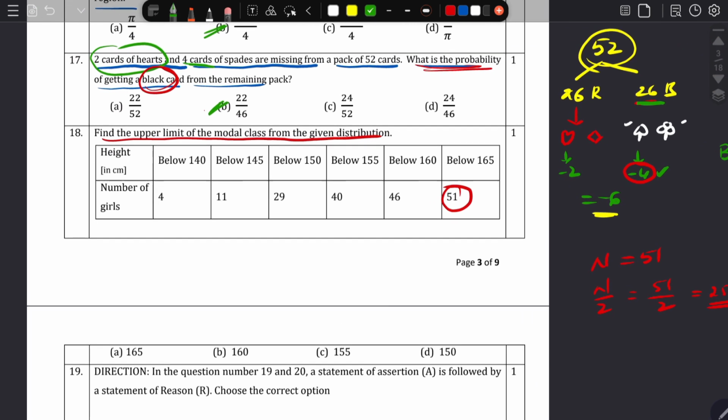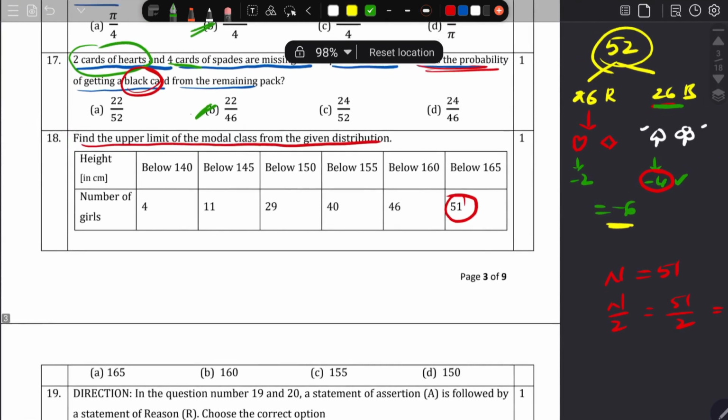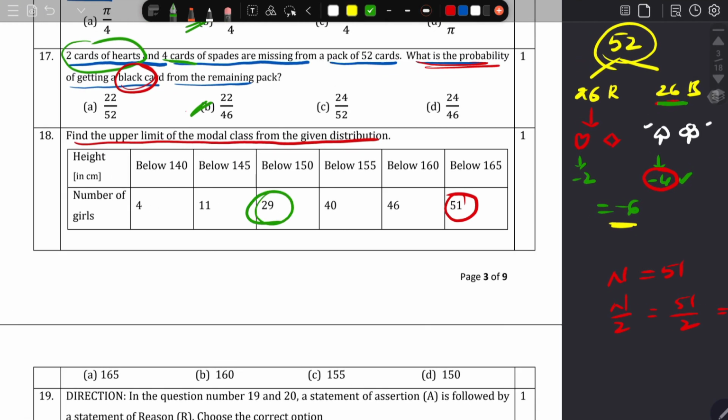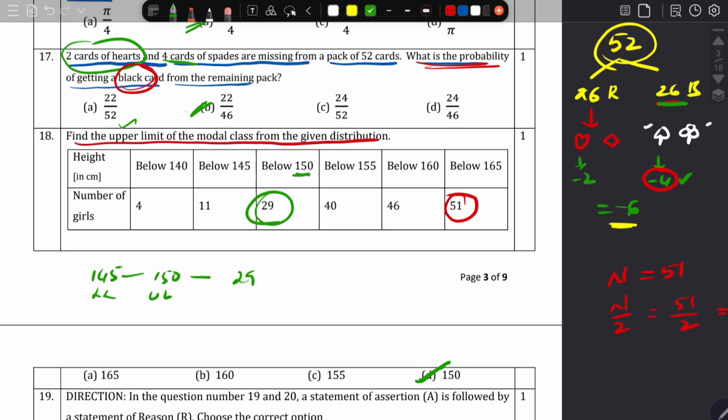The next cumulative frequency greater than 25.5 is 29. We need the upper limit of that class. Its limits are 145 as the lower limit and 150 as the upper limit. Therefore the required answer is 150.